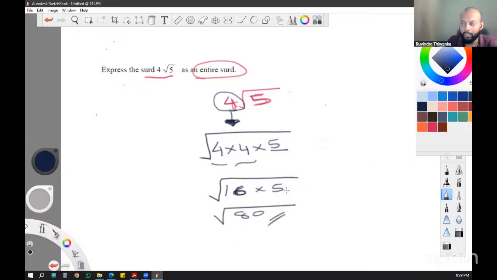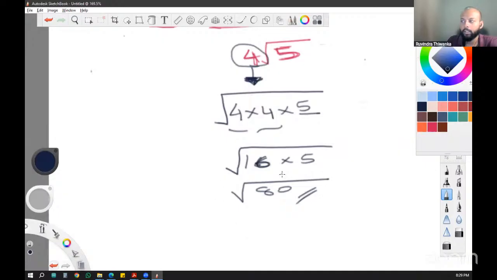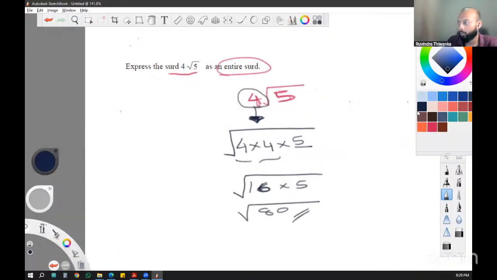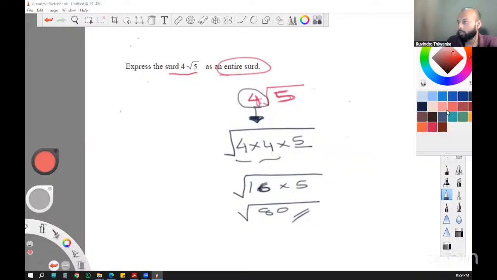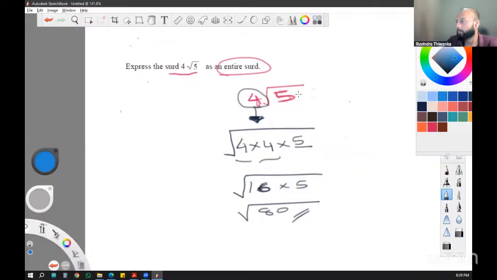So this is the answer of the entire surd. What you did first, you just multiplied the number by itself, and then multiplied it by the surd number.